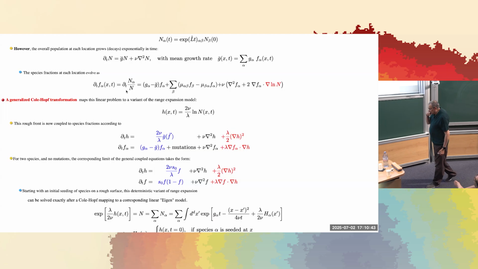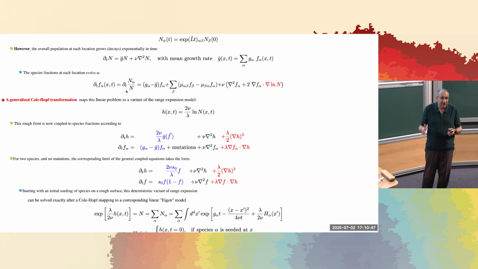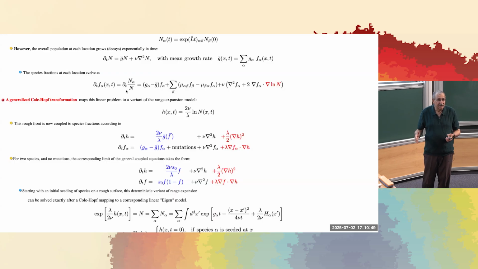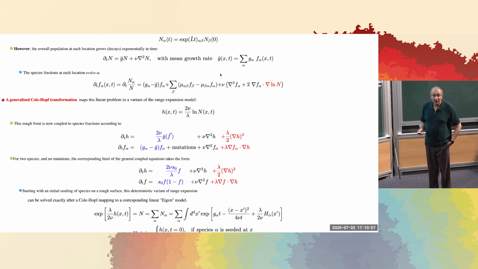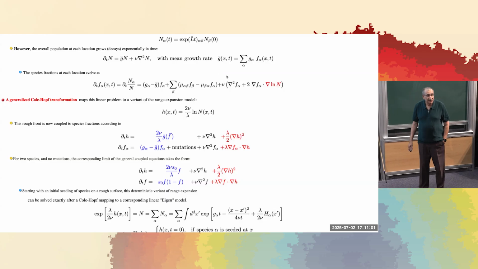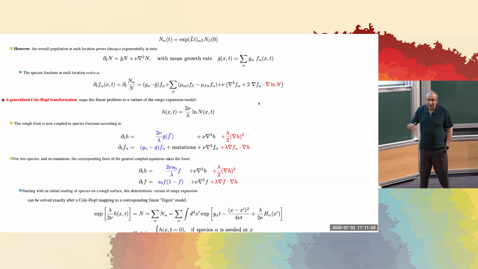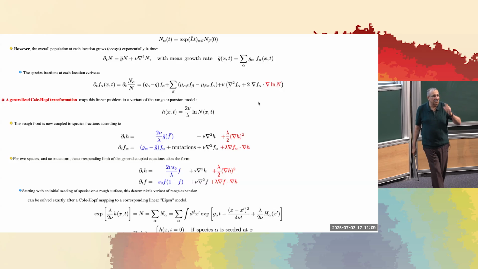Essentially, the ability to grow or diffuse really depends on how many other things are around you. And so the total number of other species that are around you modifies the ability to go in one direction or the other. And if there's too many things in one direction, you may want to avoid it.